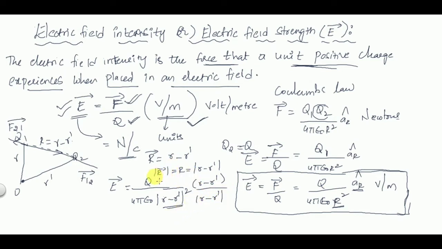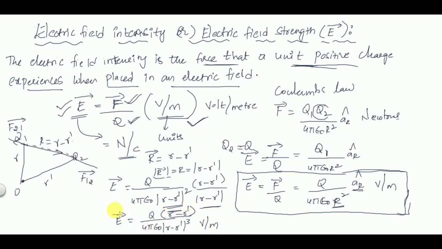So the final expression for this is q by 4 pi epsilon naught r minus r dash whole cube. This is r minus r dash whole square, and this is again one more r minus r dash. So it becomes r minus r dash whole cube into r minus r dash.